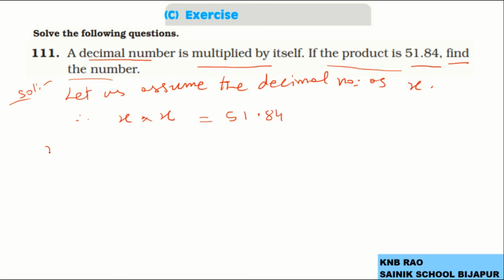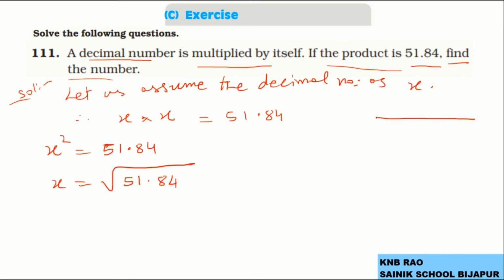It means x square equals 51.84, which means we are asked to find x. It can be found by finding the square root of 51.84. So how to find the square root of 51.84? Using the long division method. So 51.84 we will find by long division method.